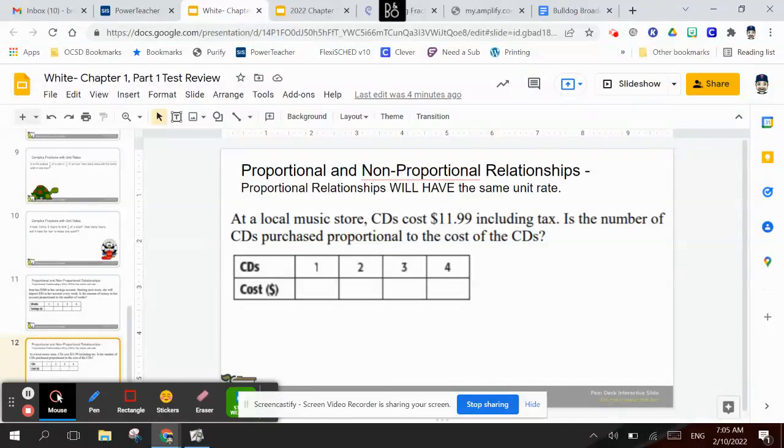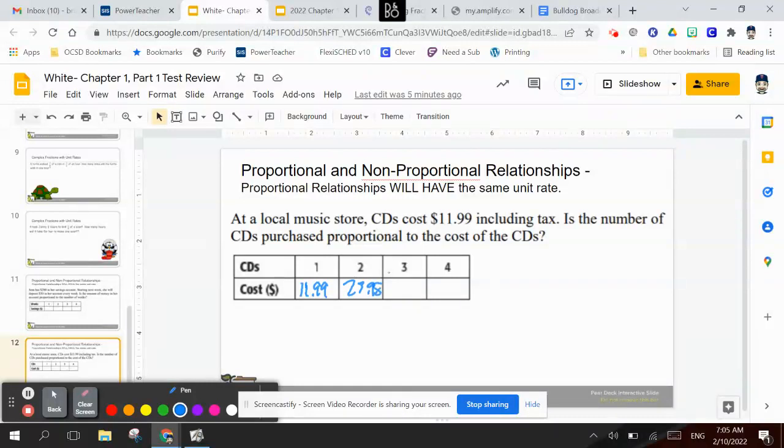Number 12 says, at a local music store, CDs cost $11.99, including tax. Is the number of CDs purchased proportional to the cost of CDs? Well, if you buy one CD, you're going to pay $11.99. If you do 2 CDs, you're going to spend $23.98.